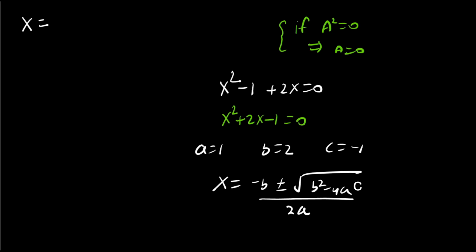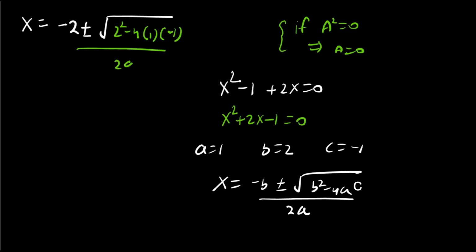So x equals minus 2 plus or minus square root of 2² − 4 times 1 times minus 1, that is 4 plus 4, divided by 2a, and here a is replaced by 1.